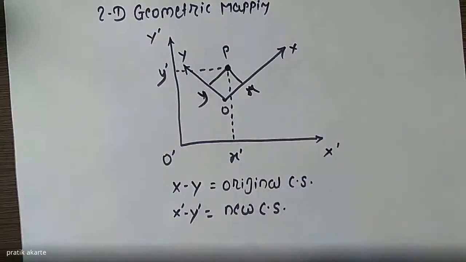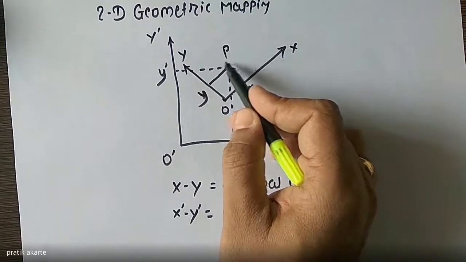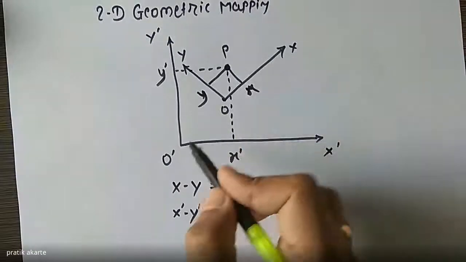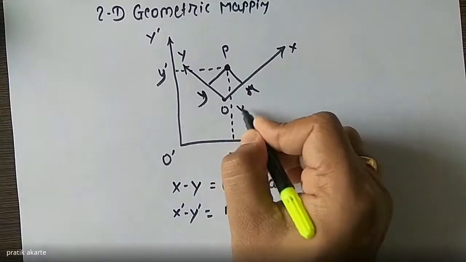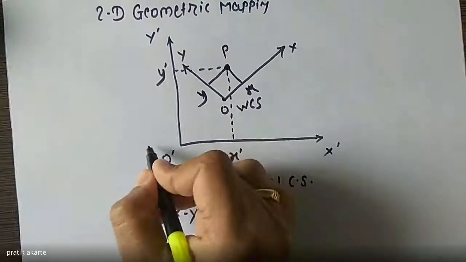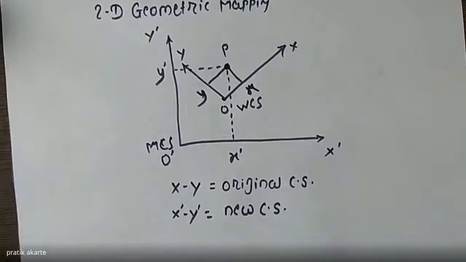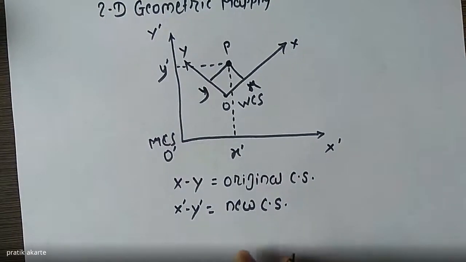Because we are changing the coordinate description of this point from the working coordinate system to the model coordinate system. So that is why it is called the new coordinate system.